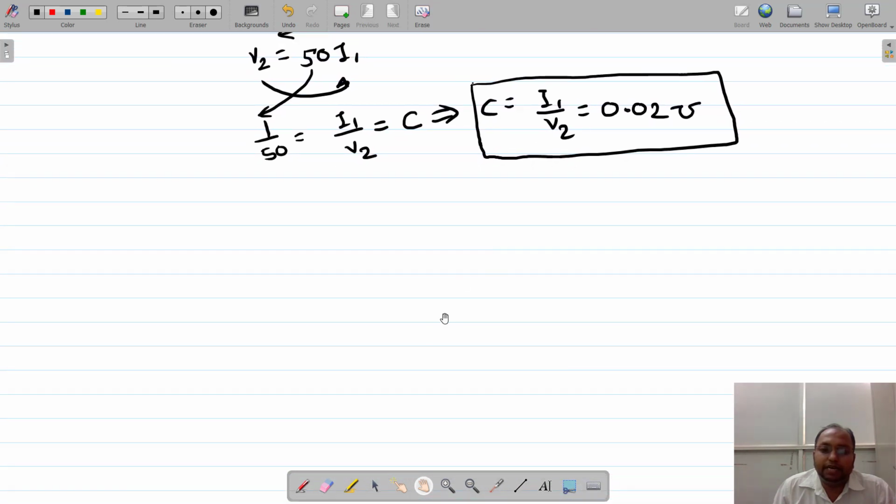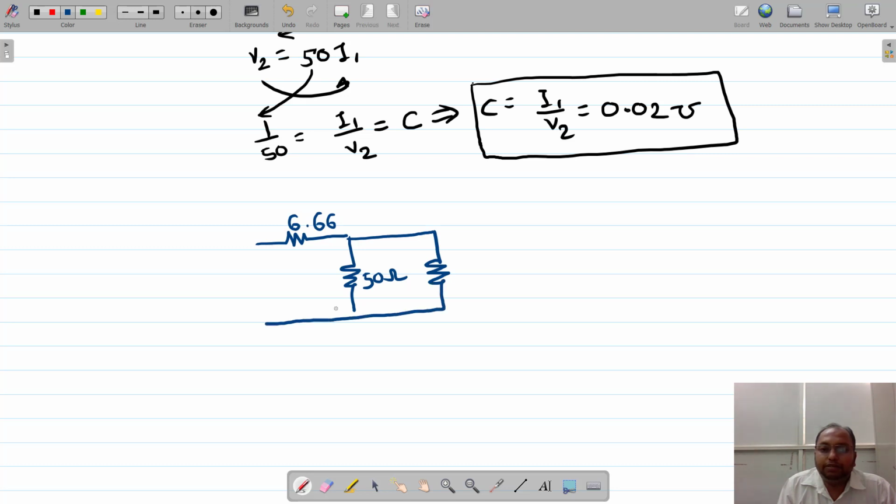Let us modify that. Now all the resistors will be in the picture. This was your 6.66, this is 50 ohm, and this is the 24 ohm resistor, and we are making a short at port 2, so that's why I have drawn it over here.